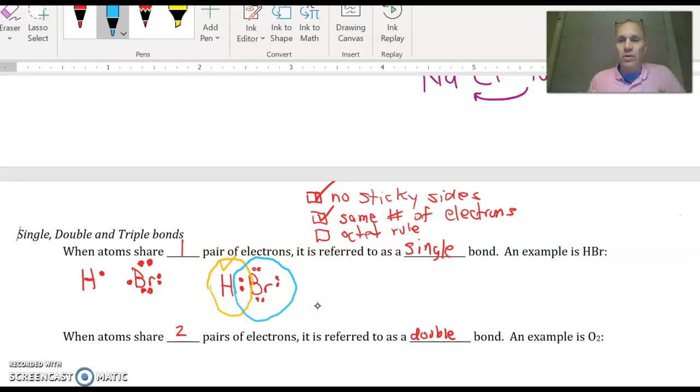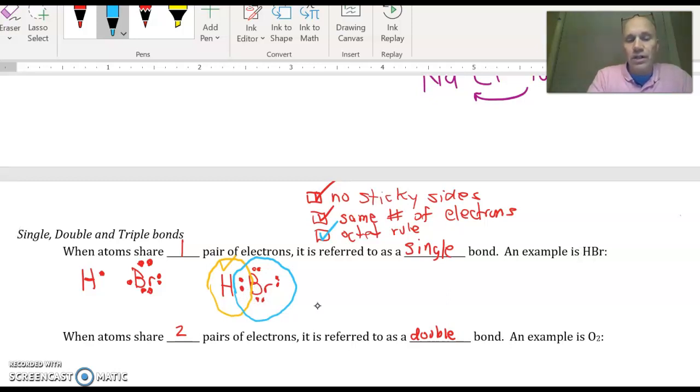Bromine is right next to that noble gas. It wants to have 8 valence electrons, and it has that. So we can check that all of the atoms have satisfied the octet rule. That means this would be a reasonable structure for HBr.